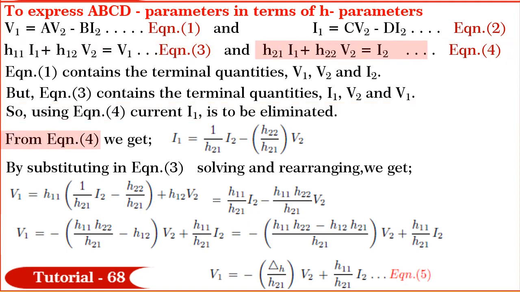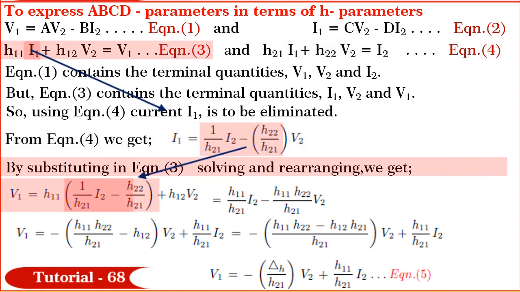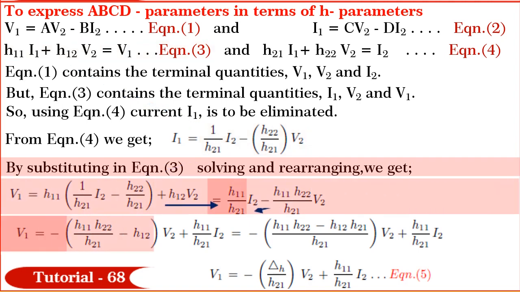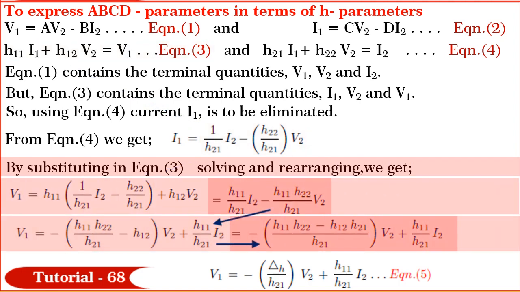So, from equation 4, we get I1 is equal to 1 divided by H21 into I2 minus H22 divided by H21 into V2. By substituting for I1 in equation 3, solving and rearranging, we get V1 is equal to minus delta H divided by H21 into V2 plus H11 divided by H21 into I2.